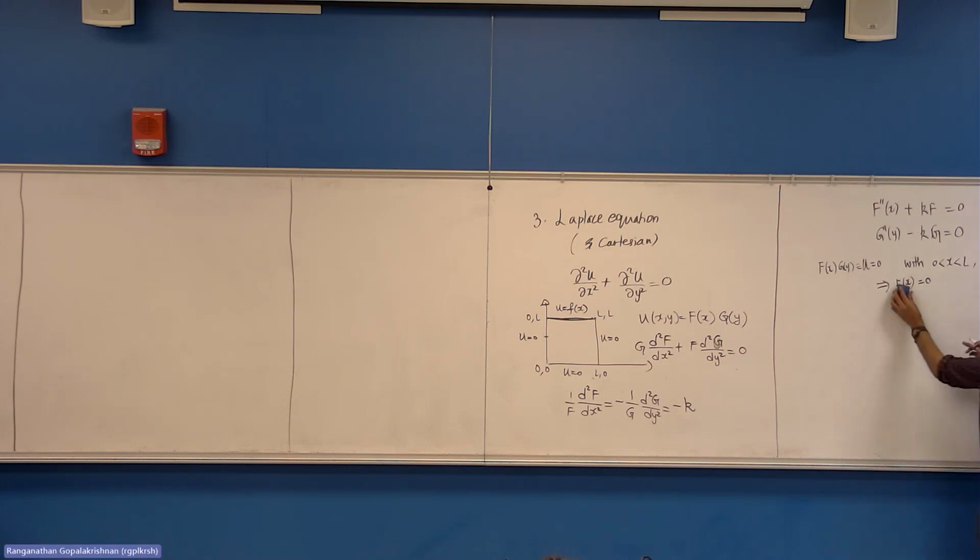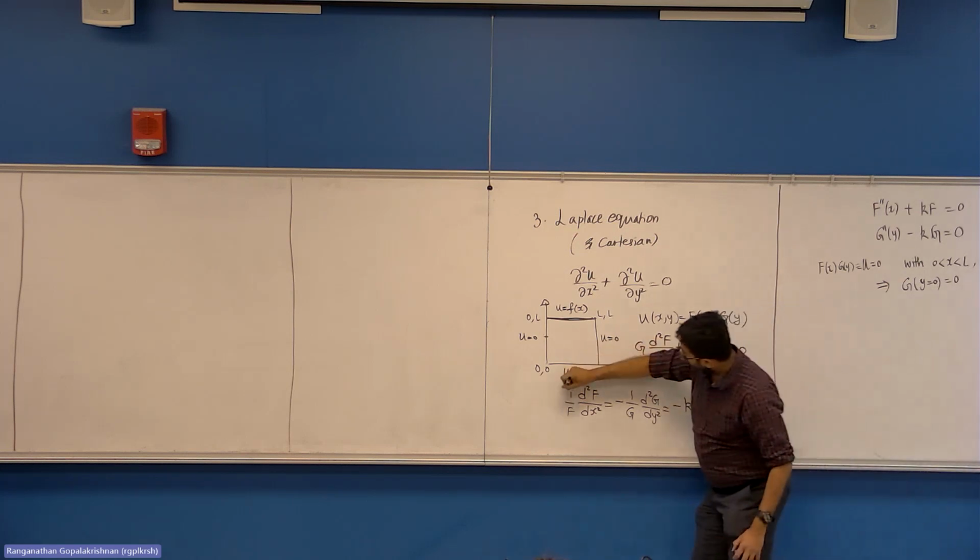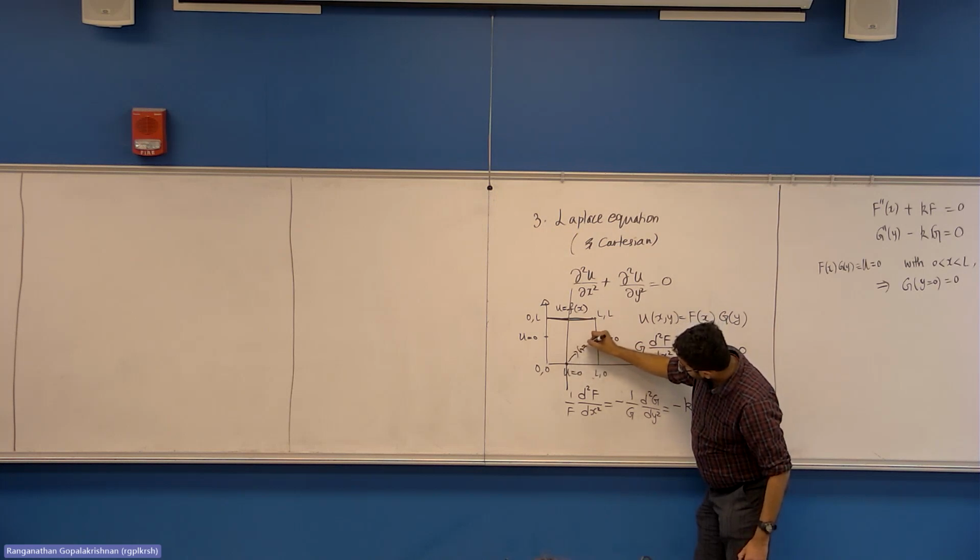That would mean we want to write g at y equal to 0 is 0, which would be one of the boundary conditions. Like if you're splitting this for g, this is like writing g equal to 0.